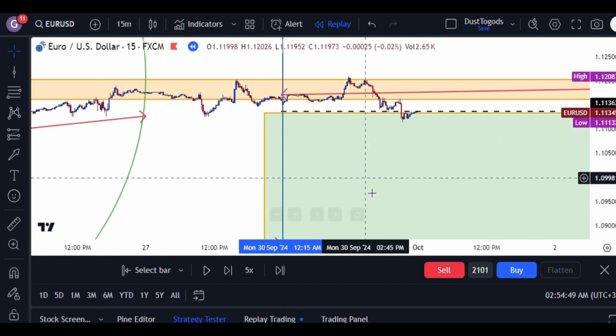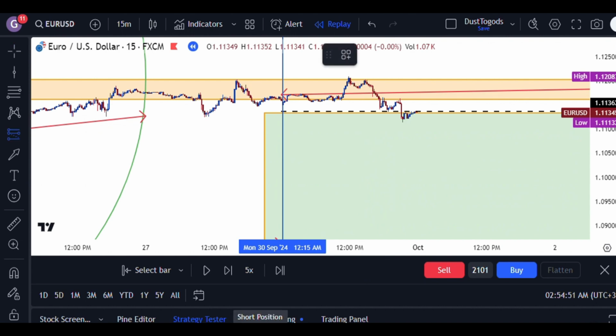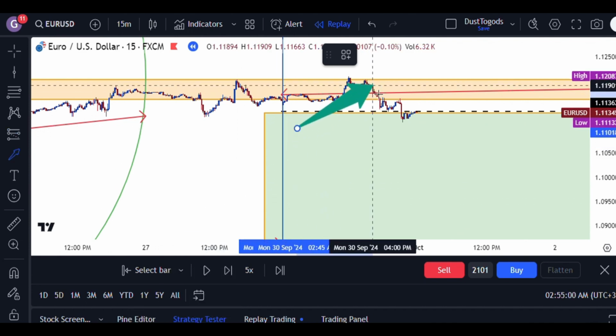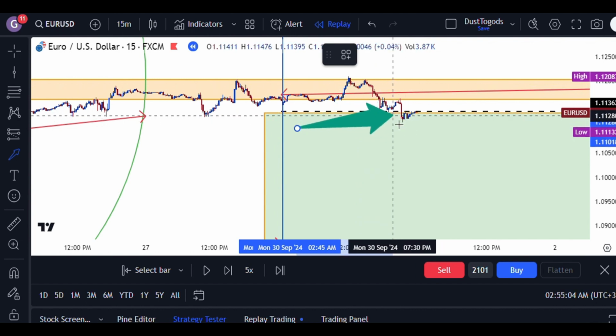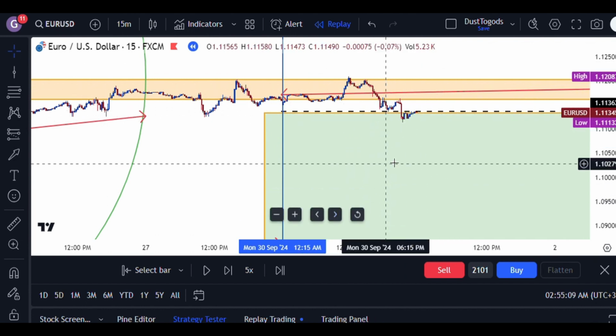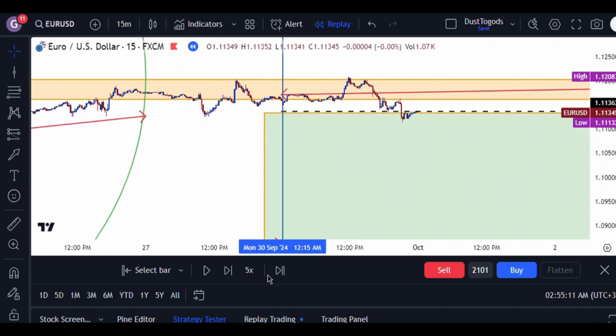In my country, the London session opens around midday or 1 p.m. Between there, the volatility kicks into the market. So you'll be looking at the London session around this point.